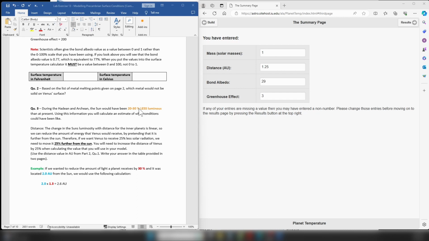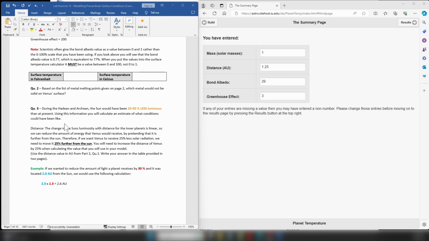So even though there's no evidence for it anymore, we believe based on modelling that during this time period, Venus, like Earth, would probably have had liquid water on its surface. So we're going to think about how it managed to overcome the faint young sun paradox and not turn into an ice cube. So how are we going to do that?